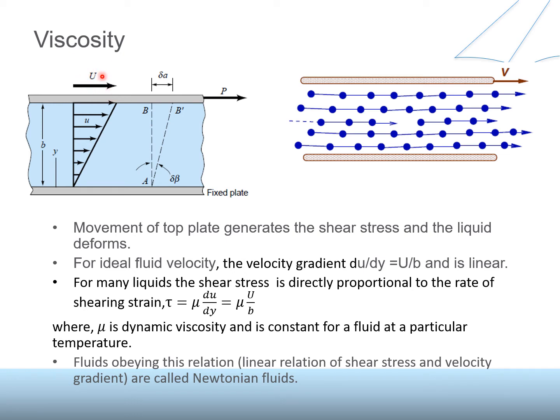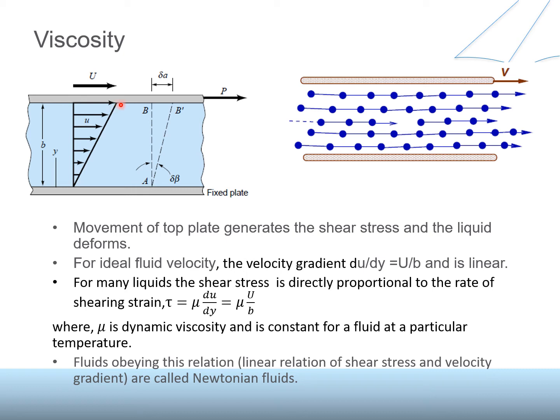Now, when a force P is applied to the top plate on a liquid, it moves with a constant speed u, and it generates the shear stress, right? Because when you apply the force, it generates the shear stress here. Because the liquid cannot resist the shear stress, it has to deform continuously.